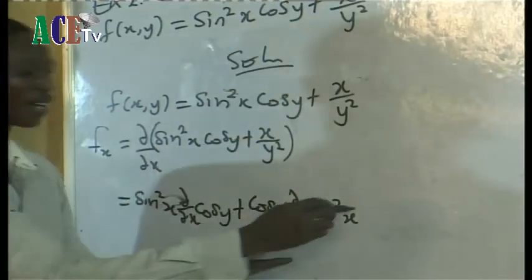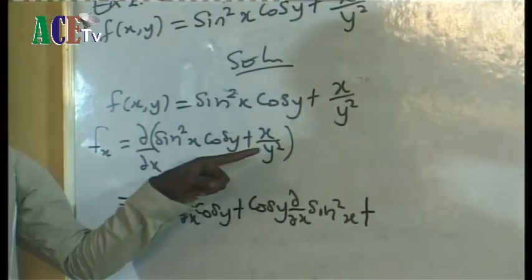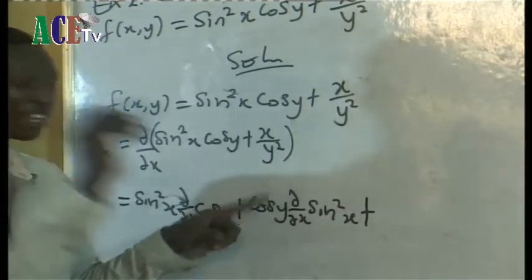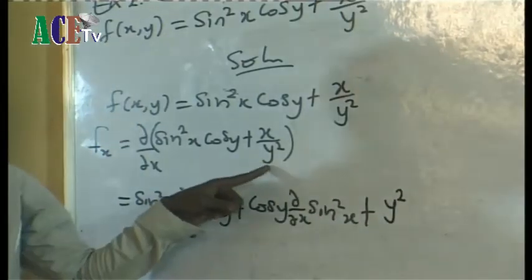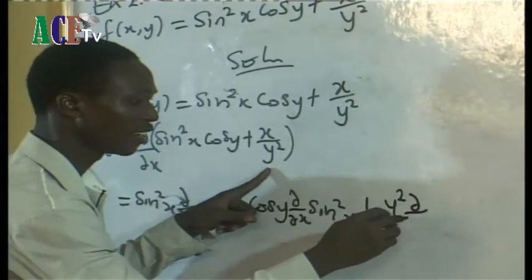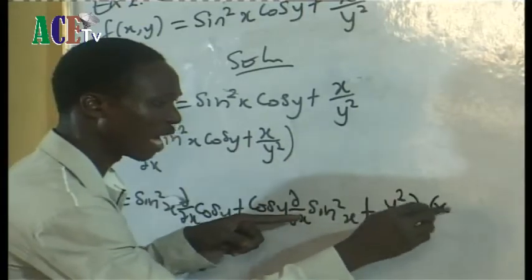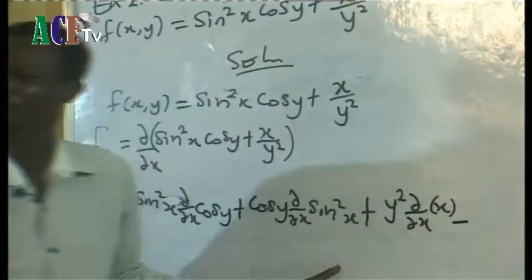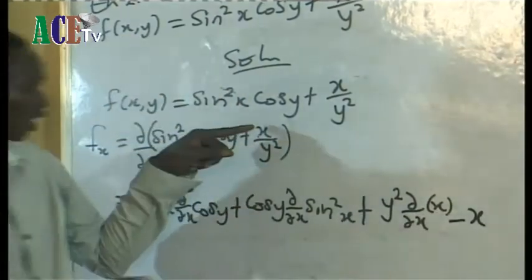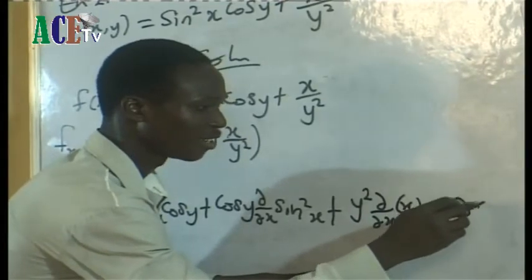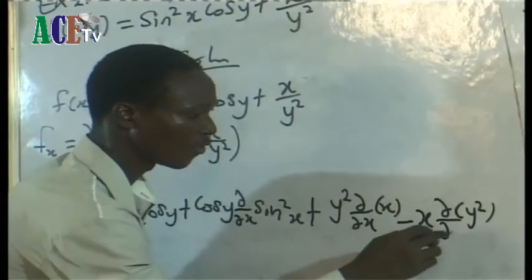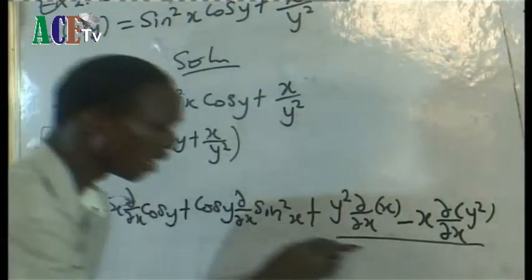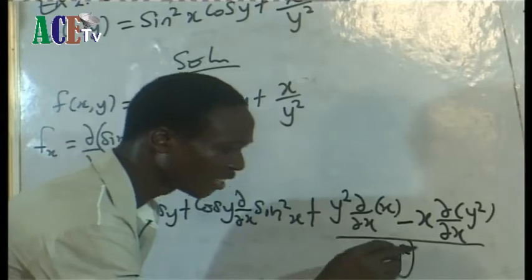Now to this one, plus to this one, don't forget the formula is v, the derivative with respect to x of this, minus u, this is my u, the derivative of y squared with respect to x, since we are differentiating with respect to x, over v square, y square, everything squared.